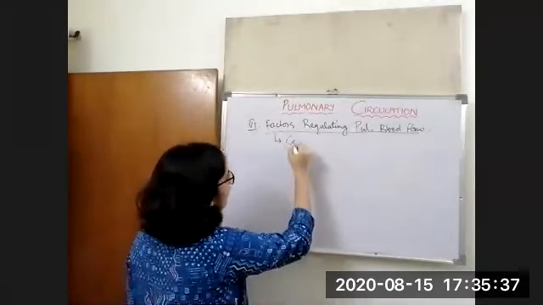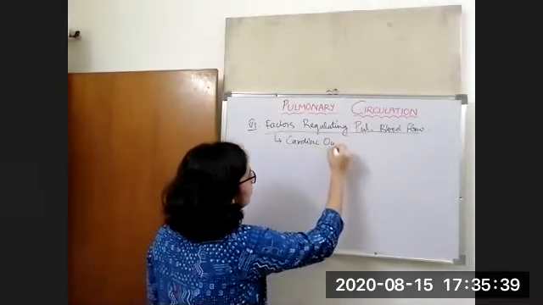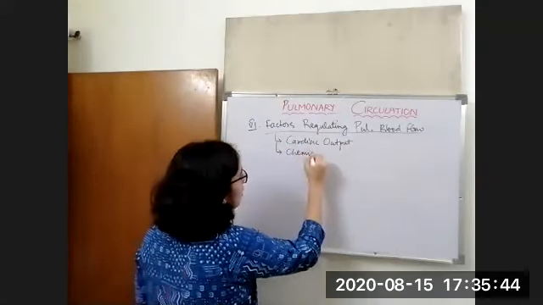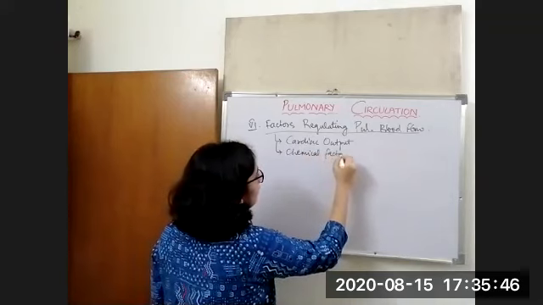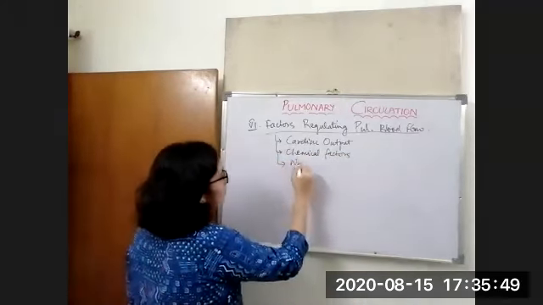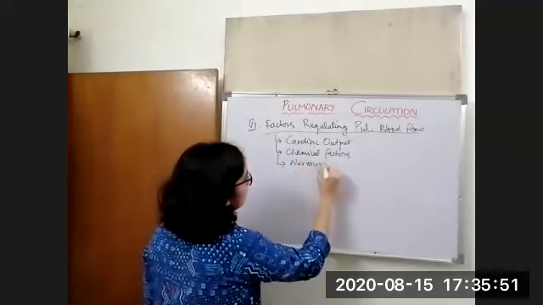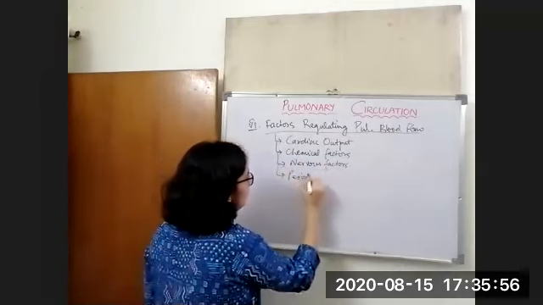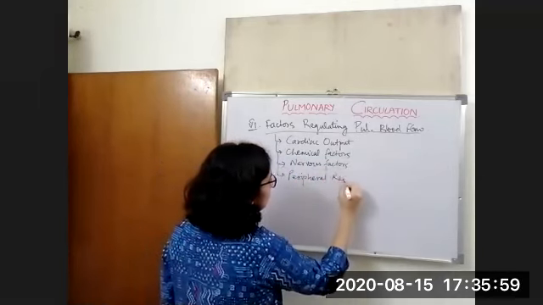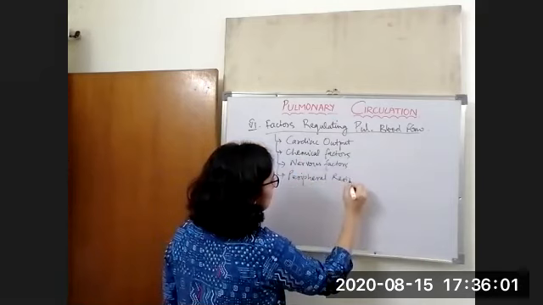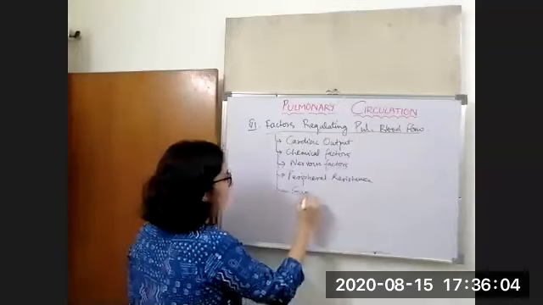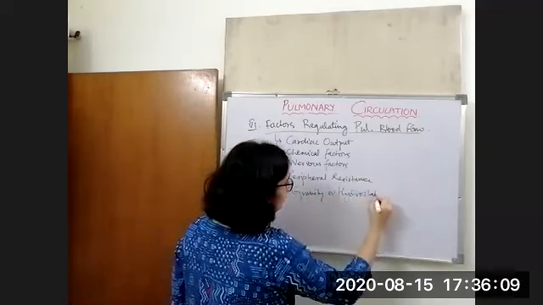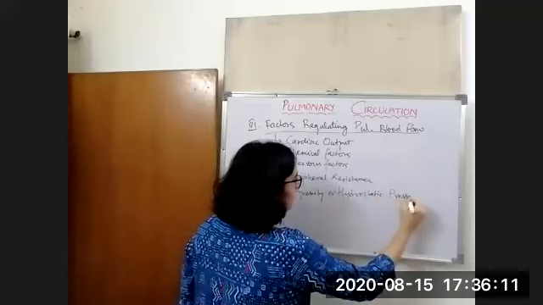This is your cardiac output, the chemical factors, the nervous factors, peripheral resistance, and lastly your gravity or hydrostatic pressure.